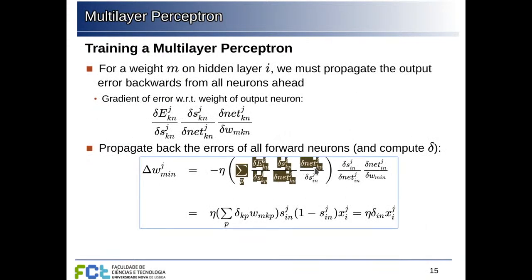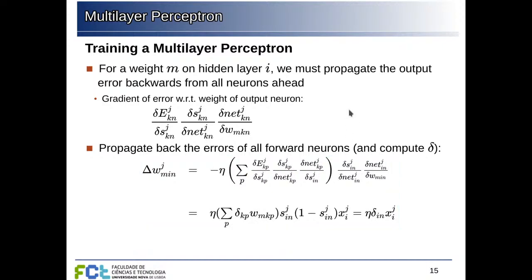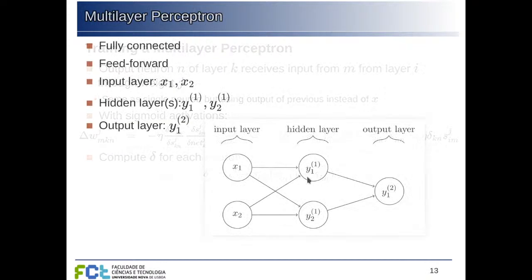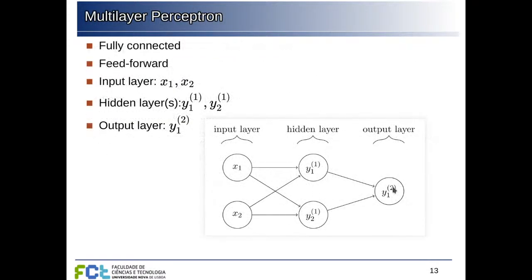But we are always doing the same thing, chaining together the derivatives by multiplying them. And then we keep the propagation through the activation function and through the weighted sum of this particular neuron that we are considering. So basically we are taking the deltas of all the neurons in front multiplied by the weights they are passing through. For example, in this case it would be the delta computed for this neuron multiplied by this weight.